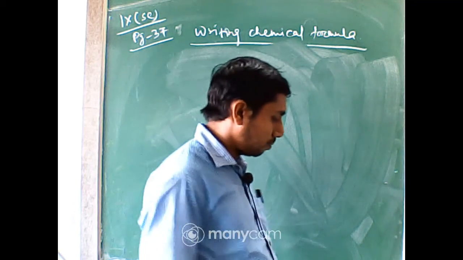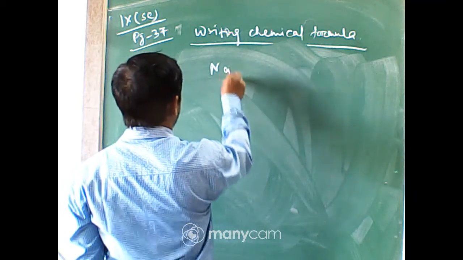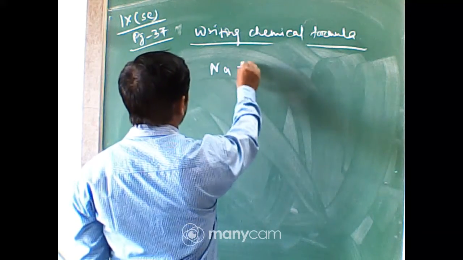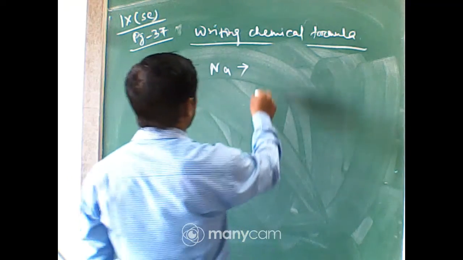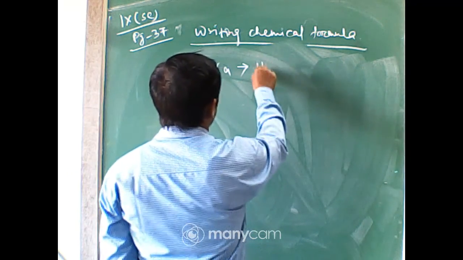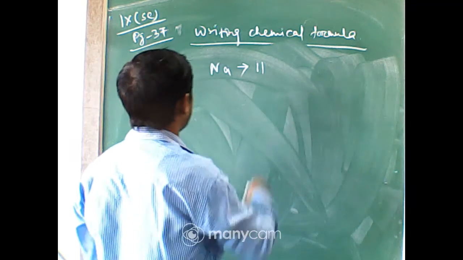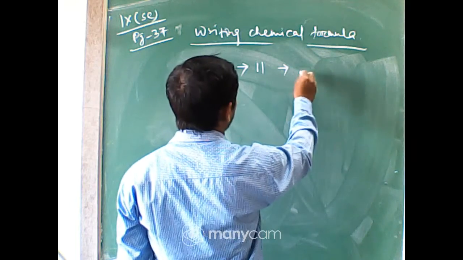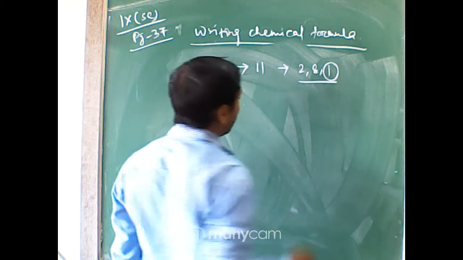For example, sodium. You will come to know about this in atomic structure: sodium has 11 electrons, and its representation is 2, 8, 1. So, the last shell contains 1 electron.